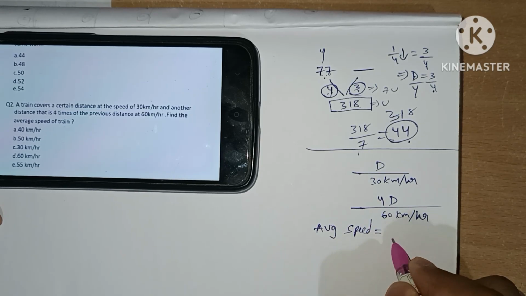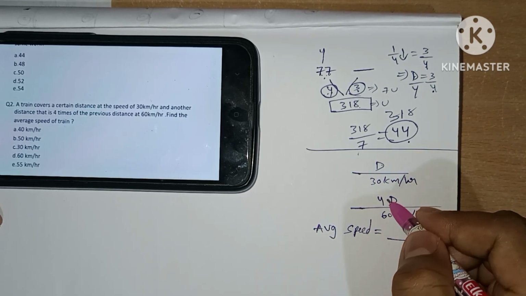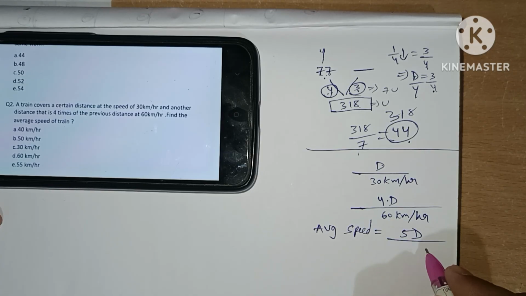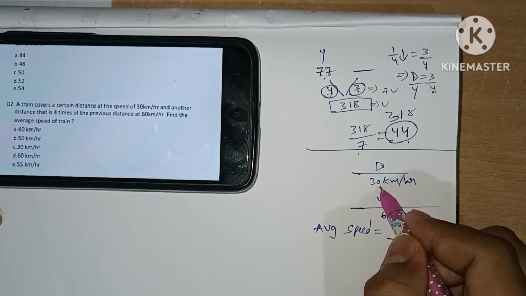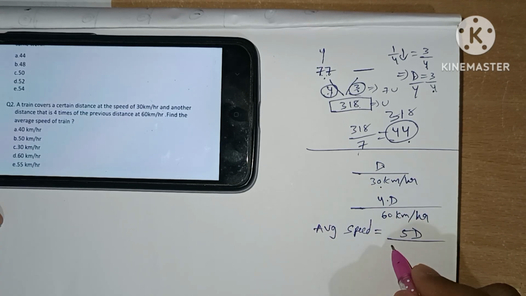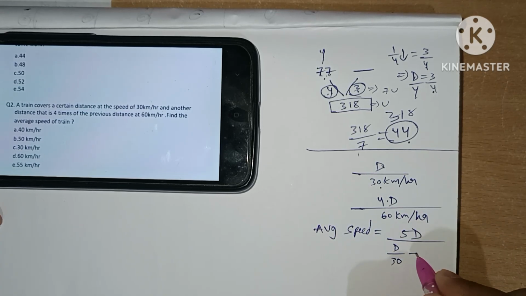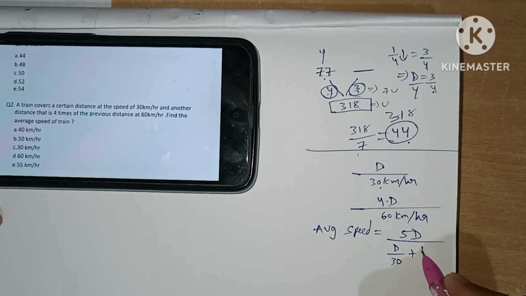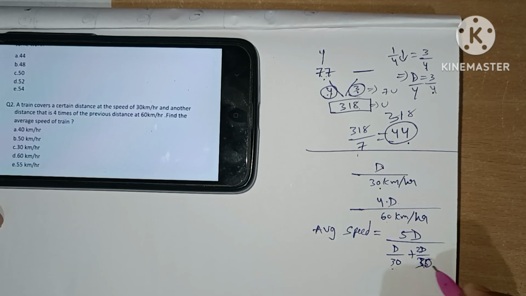So this is what we have, and we need to find the average speed. Average speed is equal to total distance, which is d plus 4d, which is 5d, divided by total time. We have distance by speed is equal to time. So we get d by 30 plus 4d by 60, which means d by 15. Here to make the base equal, we do 2 times 15 is 30.